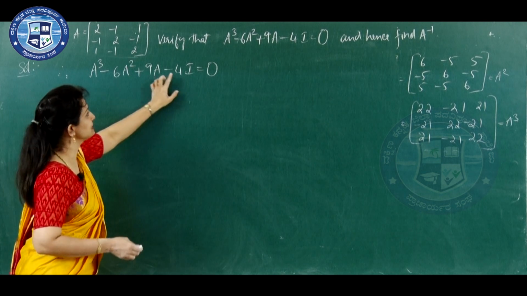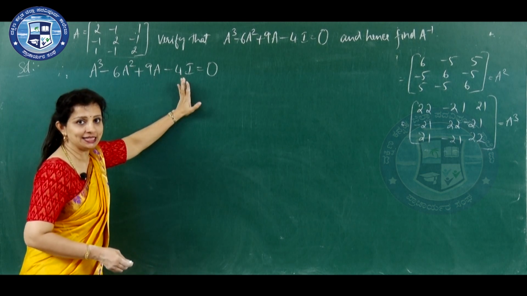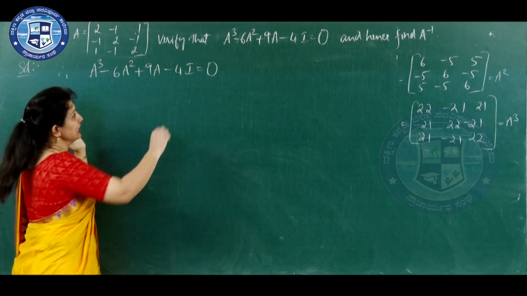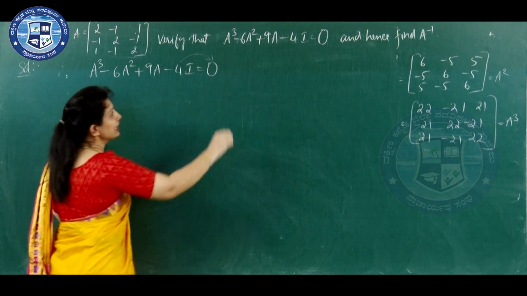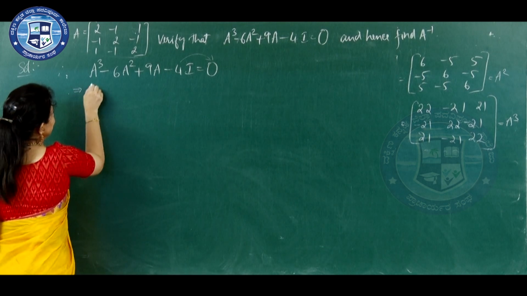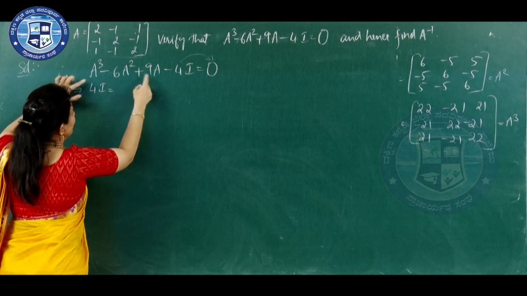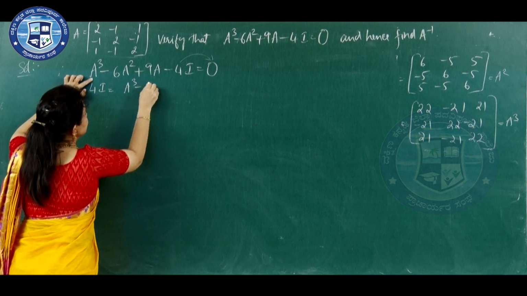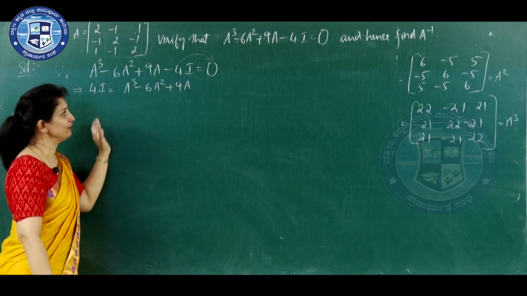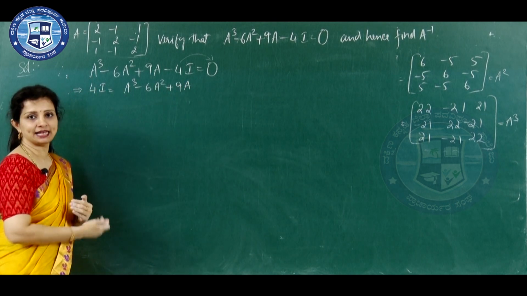How to find that? First keep 4I, the identity matrix, on one side, and bring all the other matrices to the other side. So it is easy to bring minus 4I to the RHS to make it plus 4I. So 4I equals A cube minus 6A square plus 9A, right as it is, only 4I is taken to the other side.